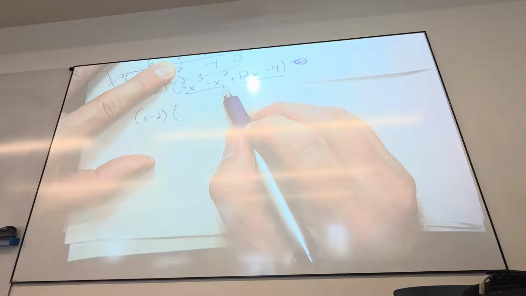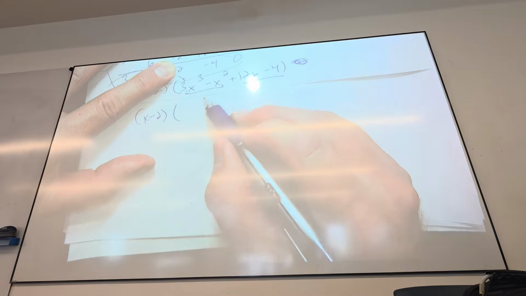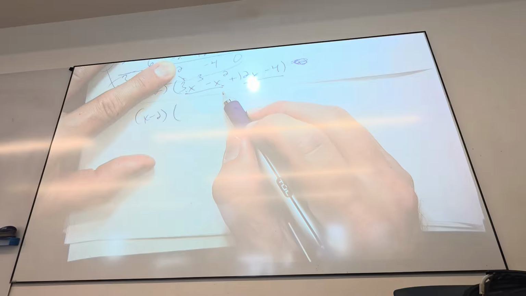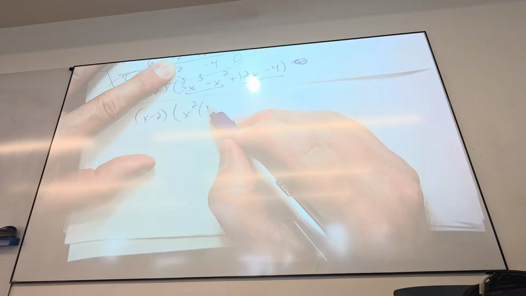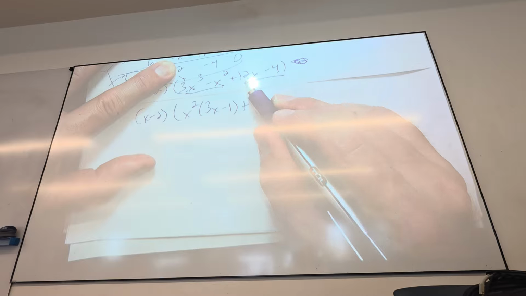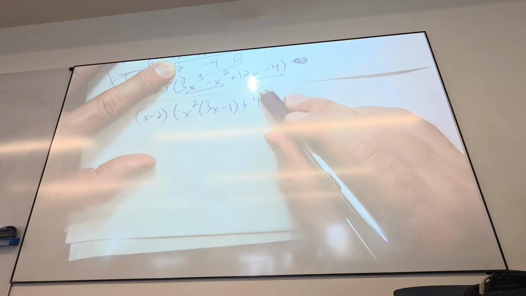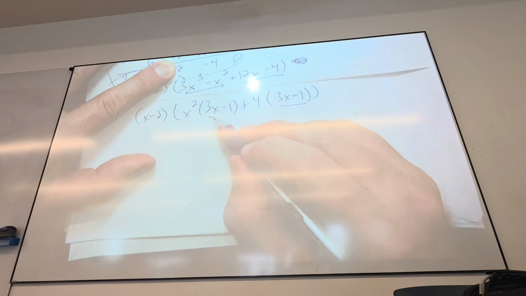What comes out of these 2? What will I be left with? 3x minus 1. Good. Now what comes out of these two? 4. And I'm left with? 3x. And I know I'm on the right track.